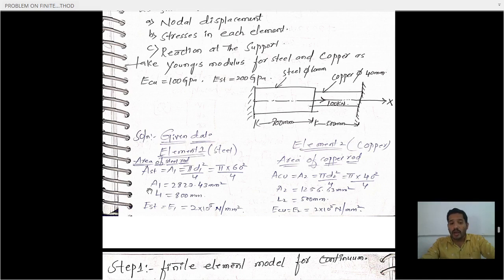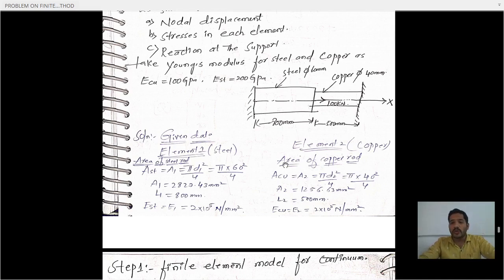The area of the steel is represented by A1 or Ast, 2827.43 mm square. The length of the first element is 800 mm, and the modulus of elasticity of the steel is 2 into 10 power 5 Newton per mm square.